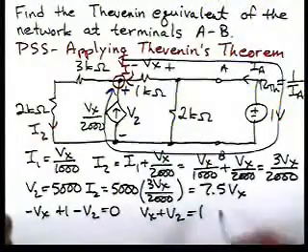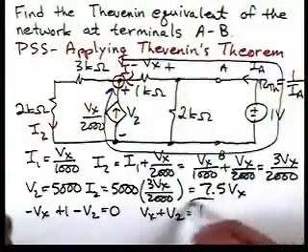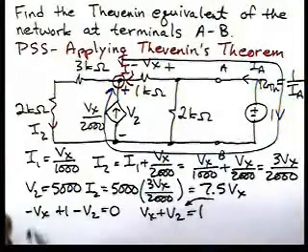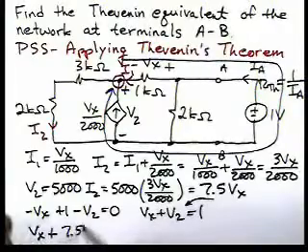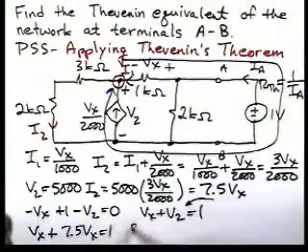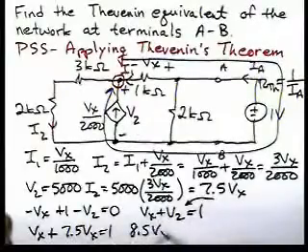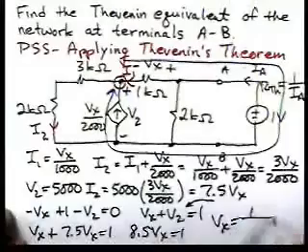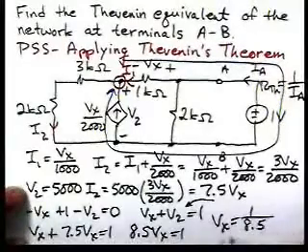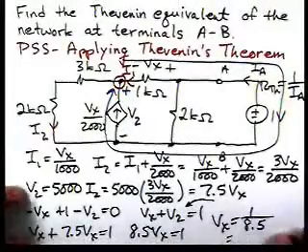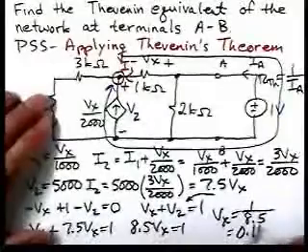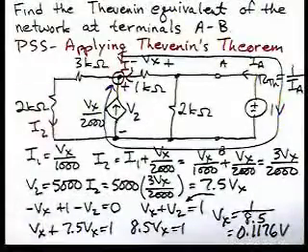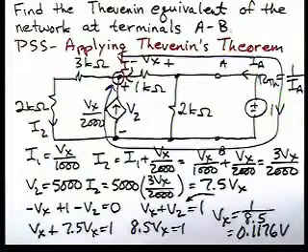Now if we substitute in for V2, we'll have Vx plus 7.5 Vx equal to 1, so 8.5 Vx equal to 1. Then Vx is 1 over 8.5, and that's 0.1176 volts. So now we have solved for Vx.